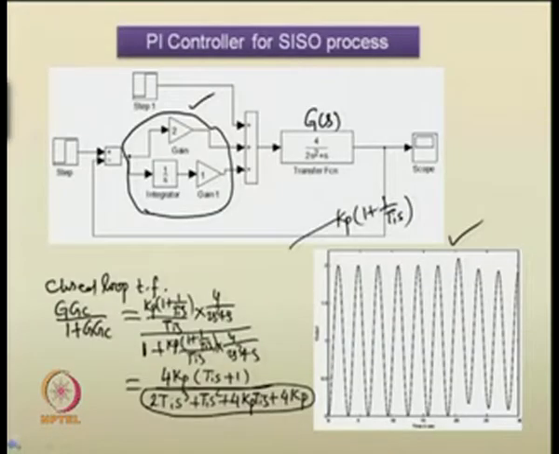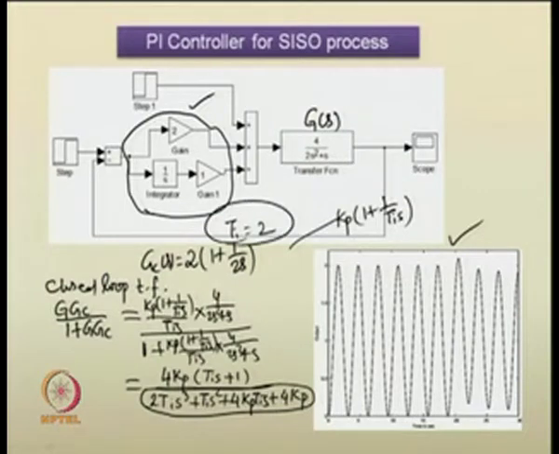As you have seen, the integral time constant is Ti equal to 2, because we can express the PI controller in the form of 2 times 1 plus 1 upon 2s. So, when Ti equals 2, we get an oscillatory output from the system.